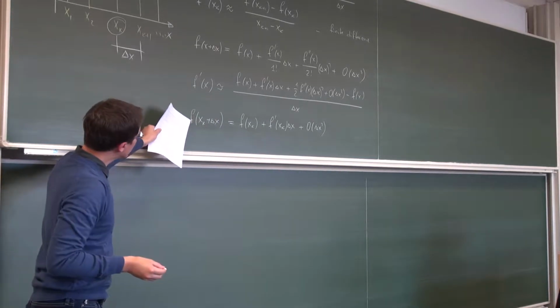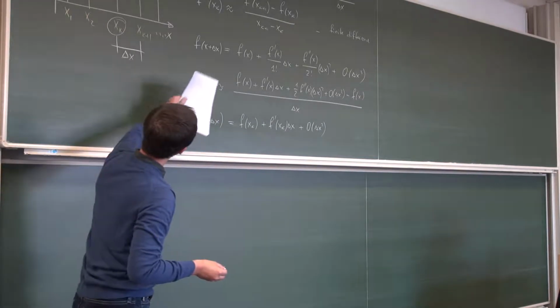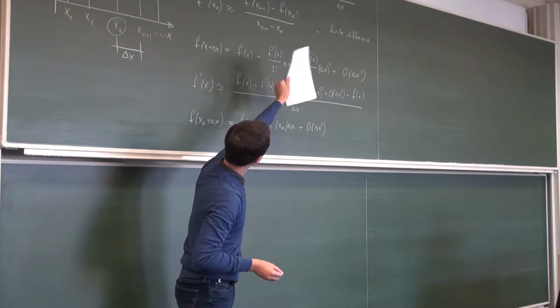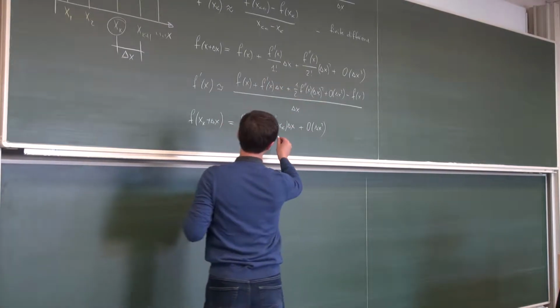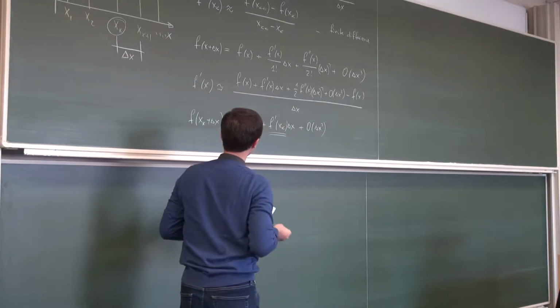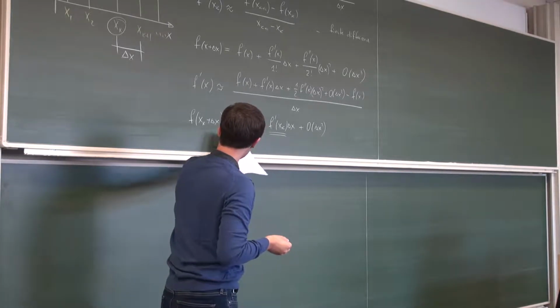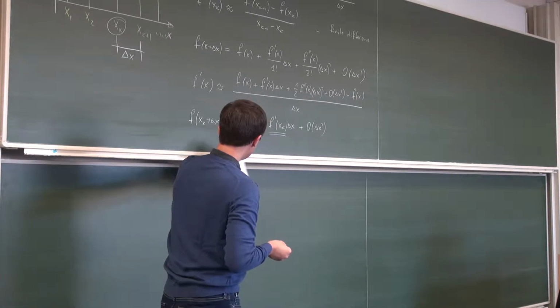How can we turn this into the expression we've got there? Well, clearly what I simply do is I take that and solve for it. I move f of xk over here, and I divide by delta x.